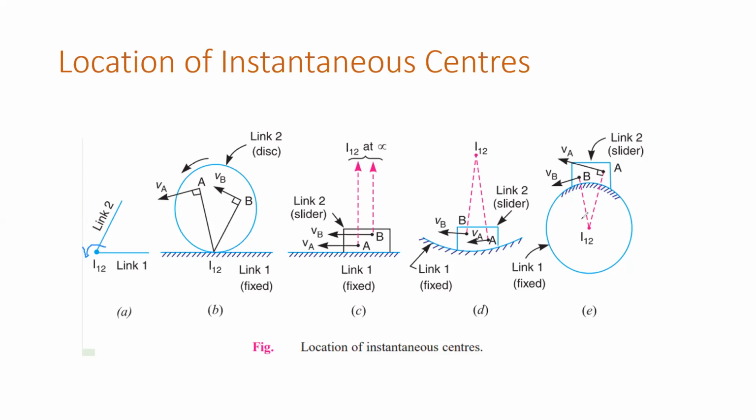ICR is nothing but the center of rotation. Only why we call it instantaneous is that for many links in the mechanism it keeps changing. Because when the position of the different links of the mechanism changes, the location of the ICR will also change.